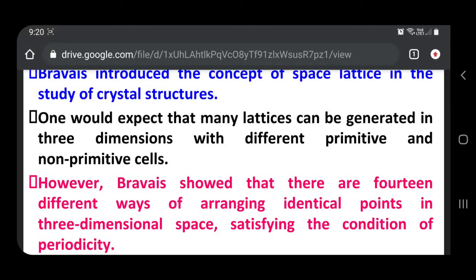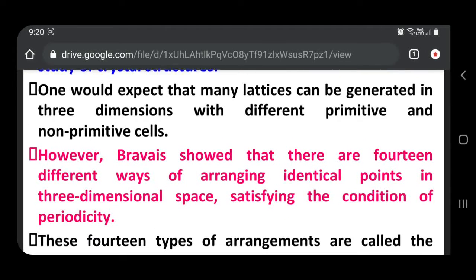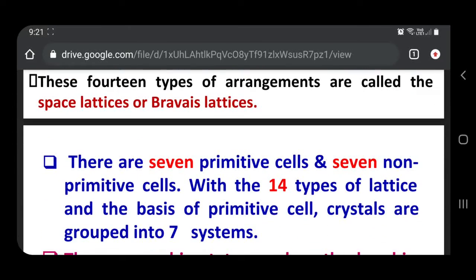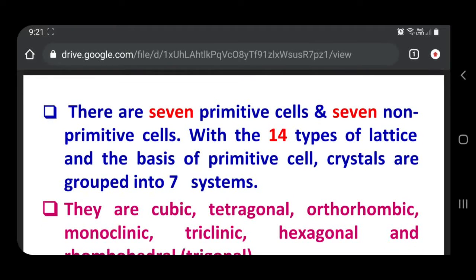He showed that there are 14 different ways of arranging identical points in 3-dimensional space, satisfying the condition of periodicity, and wherever you look, the identical surroundings should be there. So they are known as Bravais lattices, and these 14 types of arrangements, as I mentioned, are known as either space lattices or Bravais lattices. Let's take Bravais lattices in detail.